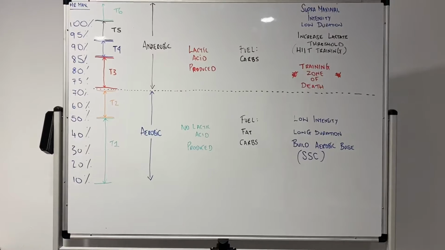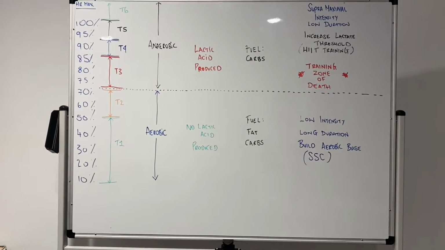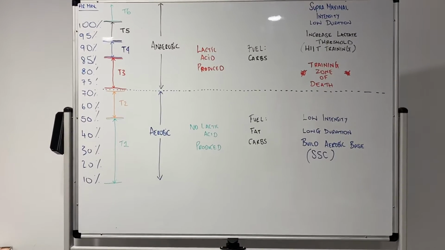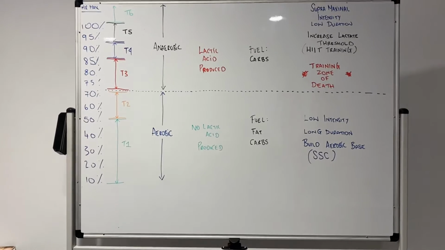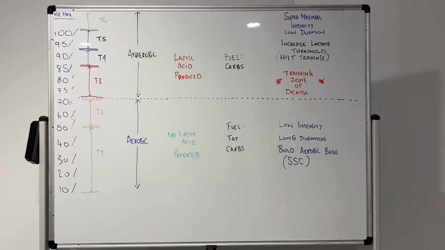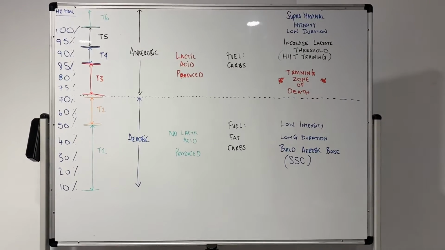The fuel that we use in this training zone is carbohydrates, which is our desired fuel source, and fat. It is a slower process to turn fat into glucose or carbohydrate for us to use at the muscle.